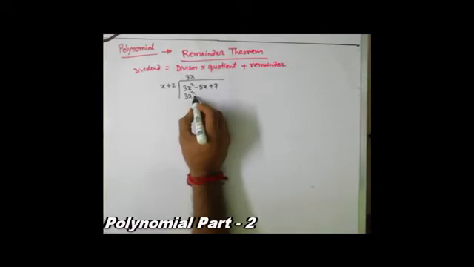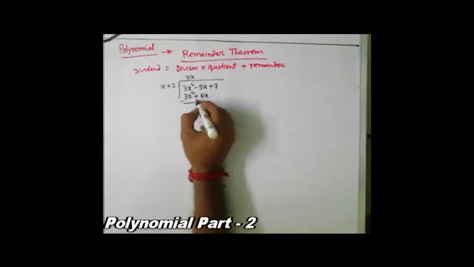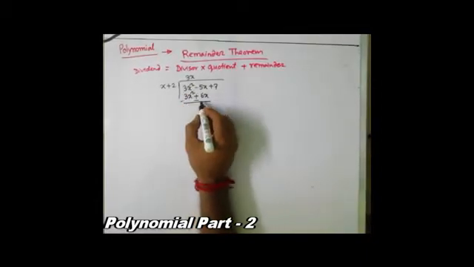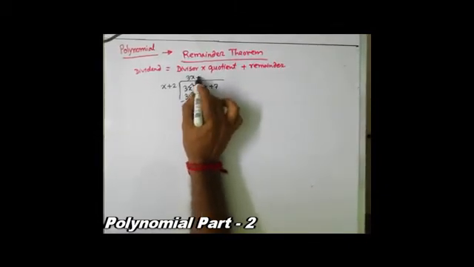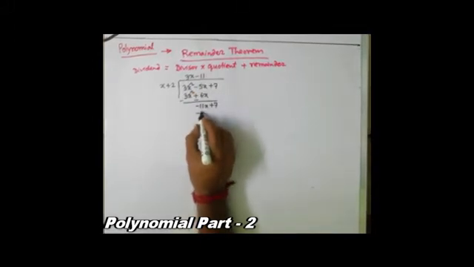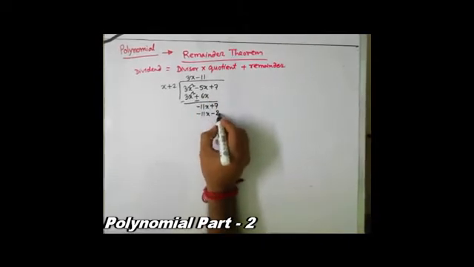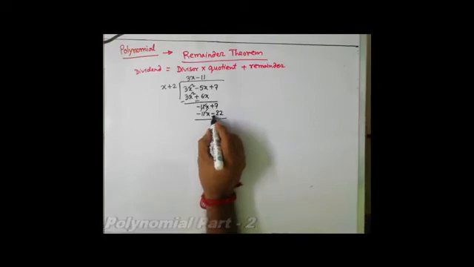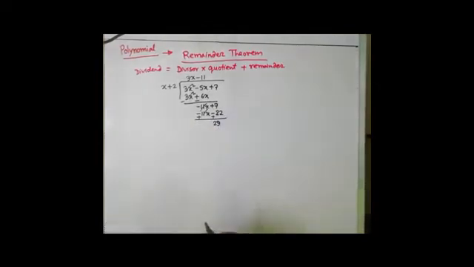And 3x multiplied with plus 2 gives you 6x. Minus minus, both of them will cancel. Minus 11x plus 7 will come down. Similarly minus 11 will go, so minus 11x times plus 2 is minus 22, so it will give you plus 29.